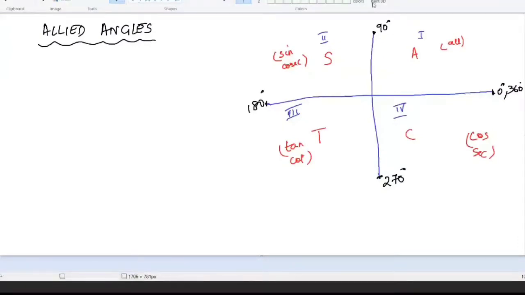I start from 0, complete one full cycle, and reach 360. Suppose I have 380, then that should be split into multiples of 360. So 380 I can write as 360 plus 20. 360 means I am reaching back to 0, and 360 plus means I am going to the first quadrant. That is the idea behind these allied angles.